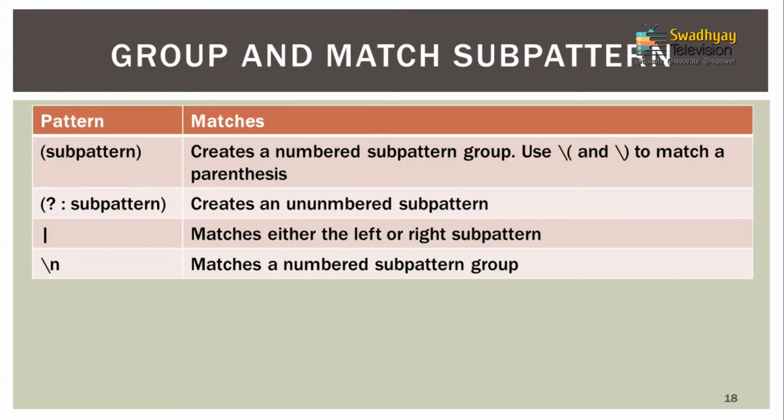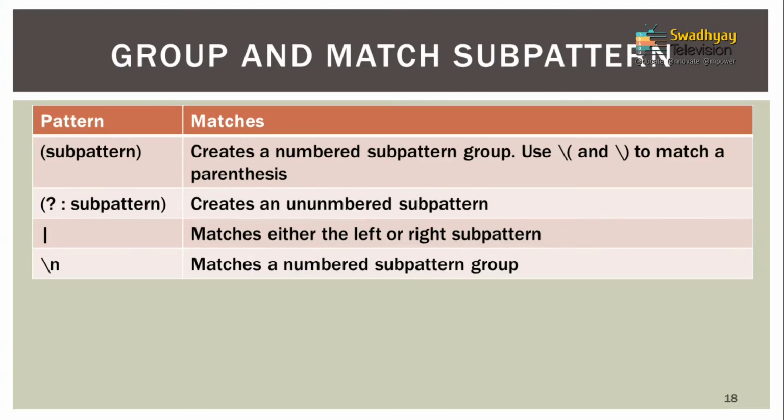Now sometimes we require to match very complex patterns. So at that time you can group them also, as there are many sub patterns and you can group them. So for that, within the parenthesis you can type a sub pattern, which creates a numbered sub pattern group, and you can use backslash and open parenthesis and backslash and close parenthesis to match a parenthesis.